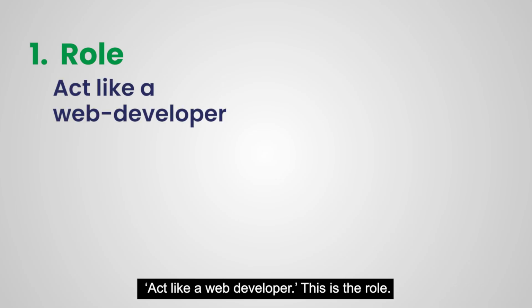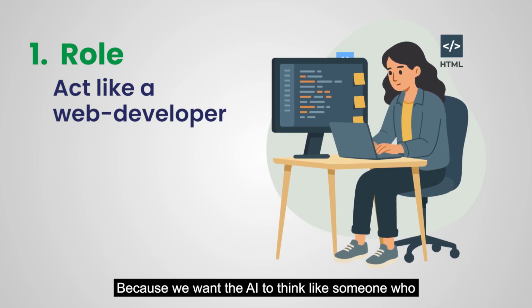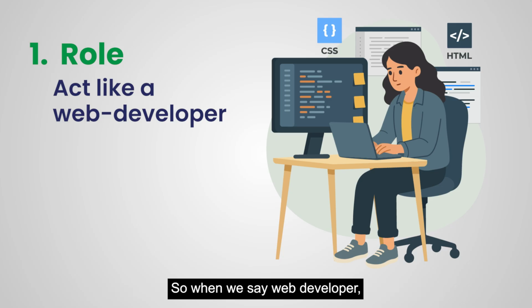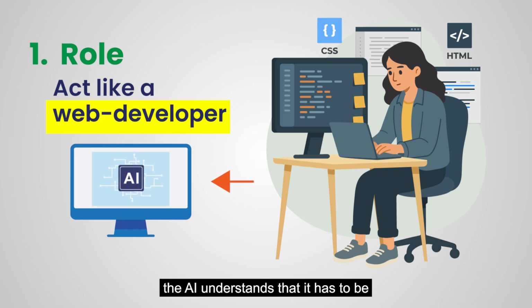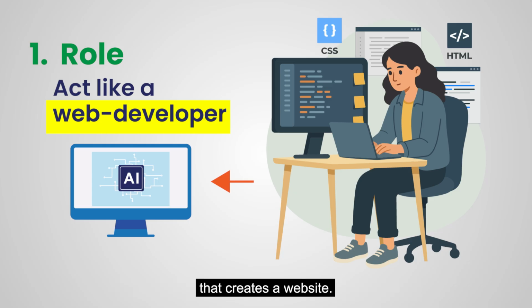This is the role. But students, why did we write this? Because we want the AI to think like someone who writes computer codes for making a web page or a website. So when we say web developer, the AI understands that it has to be someone who knows how to write a computer code that creates a website.